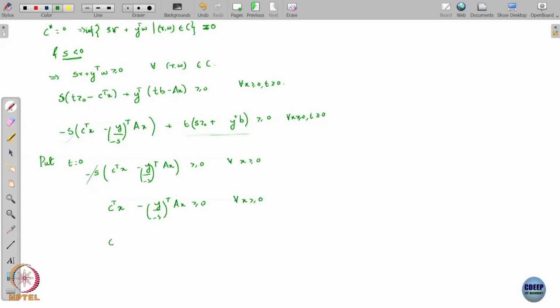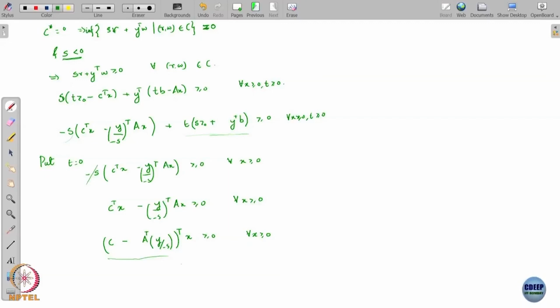Let me again gather the x terms together. So, what I have got is C transpose minus A transpose y by minus s, the whole thing transposed, times x greater than equal to 0 for all x greater than equal to 0.